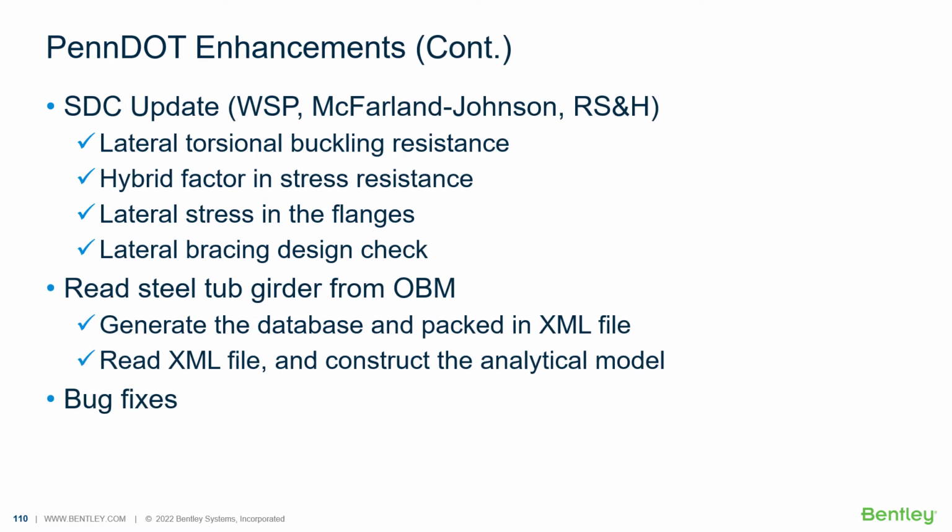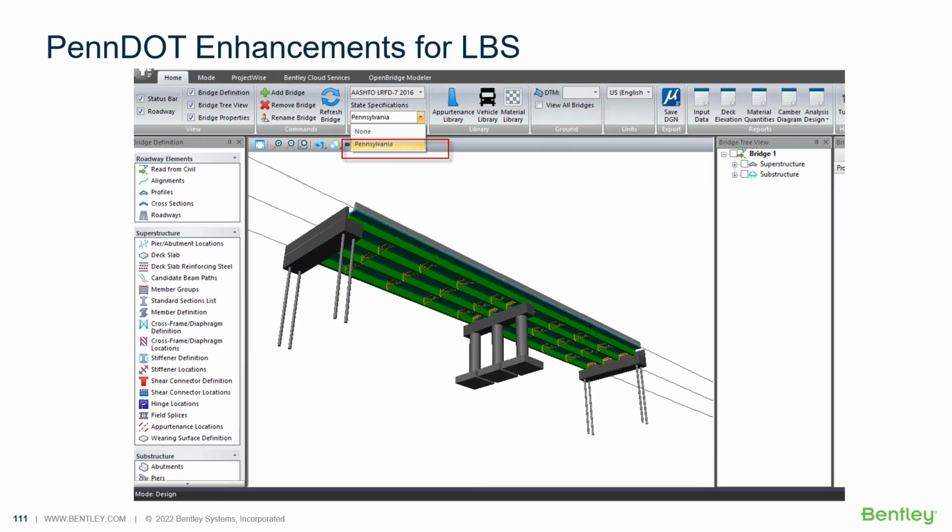One more time, some other user requests too, but for the PennDOT enhancements, again, in Lib Steel, it's just a matter of selecting the state specification, and you will just customize the software to do PennDOT type of design.